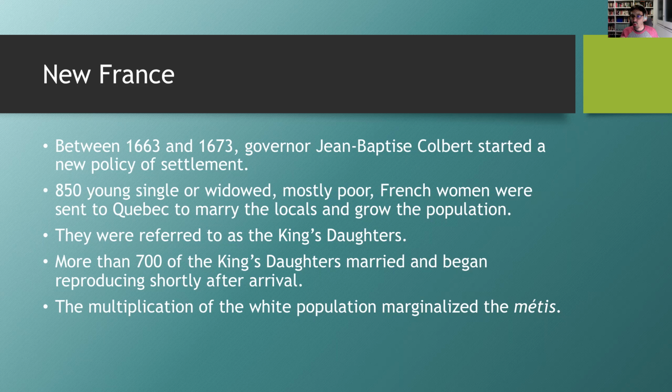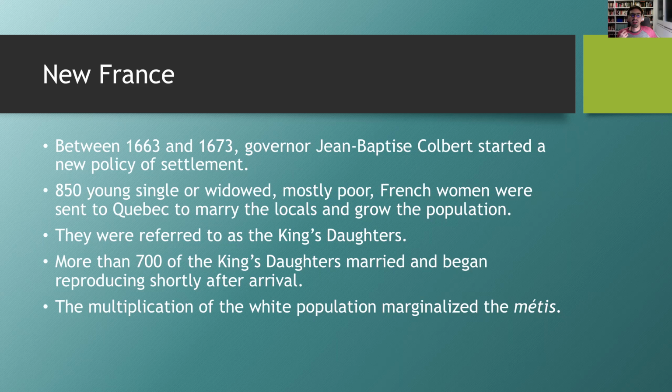These were mostly poor women who were sent from France to Quebec in order to marry local Frenchmen and thus grow the white population. They were called together the Filles du Roi, the king's daughters. And more than 700 of the king's daughters married and began reproducing very shortly after arriving. So they were basically there as baby factories, right?